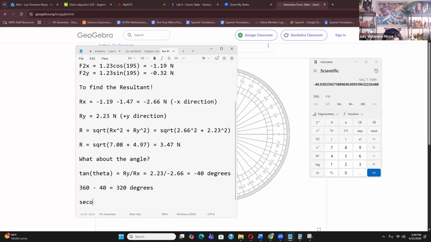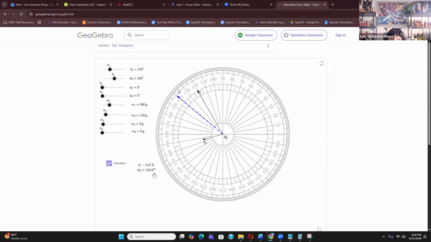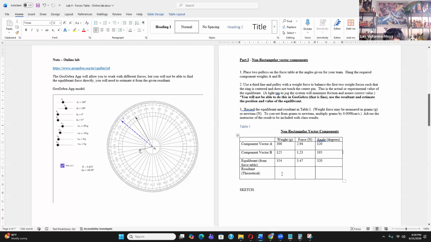In the second quadrant, that will be 180 minus 40, 140 degrees, which matches almost there, right? So what do you write here? 3.47, perfect match. For this one, I will use 140 degrees.